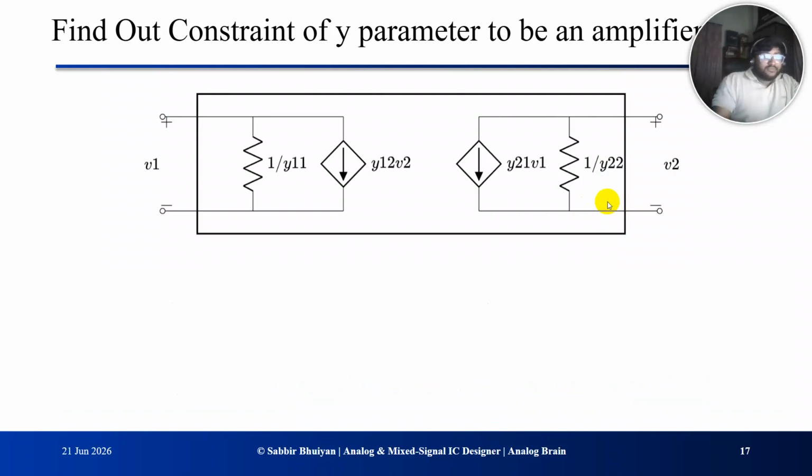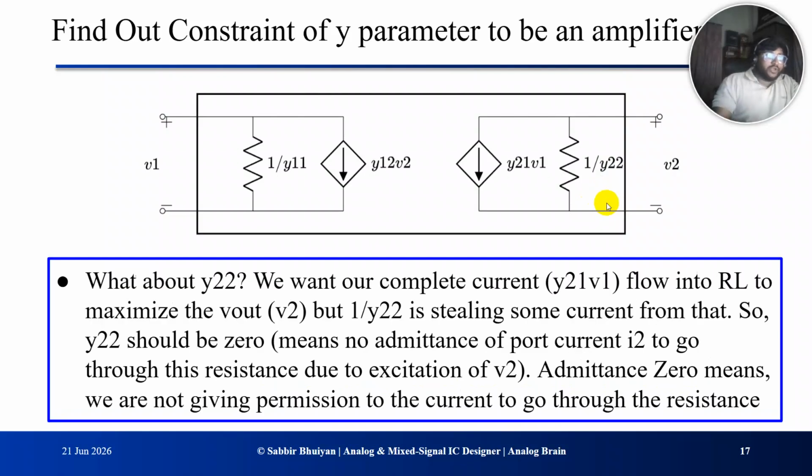So the last one, the output port admittance, Y22. We want the entire current that Y21 V1 generates to flow only through the load resistance, the entire current, and develop the full output voltage there, right?